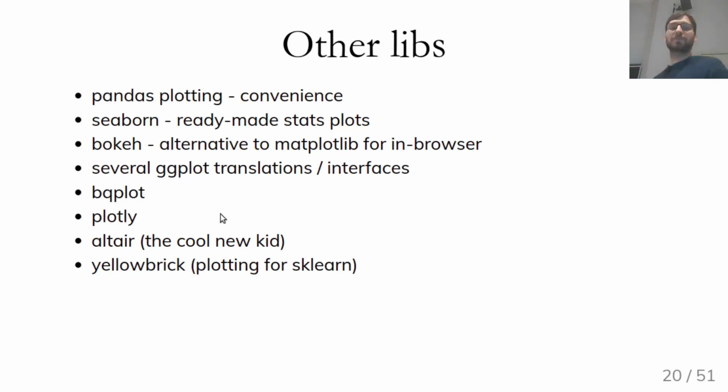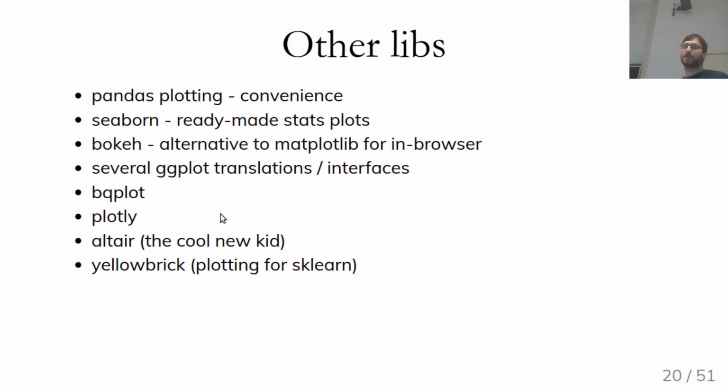Bokeh is also rewritten from the ground up, with JavaScript support. I think both Bokeh and Altair might only work in Jupyter. Well, you can probably use them in standalone scripts, but I'm not entirely sure how well they work there. They're mostly meant for in-browser use. Both are pretty good if you want interactive visualization in the browser.